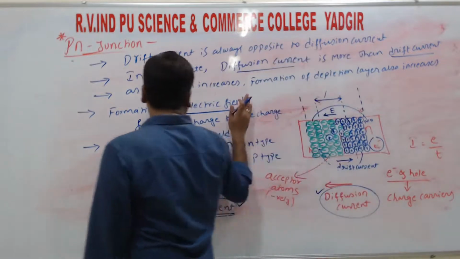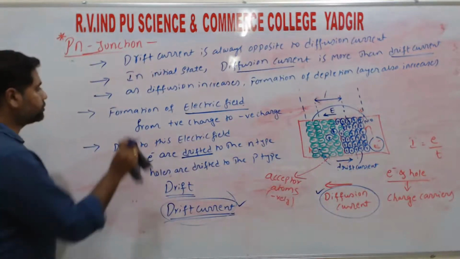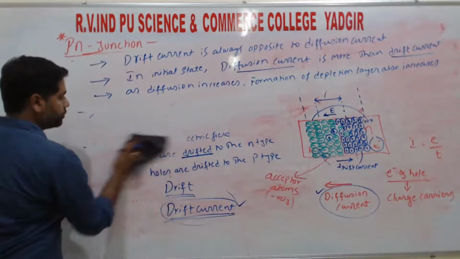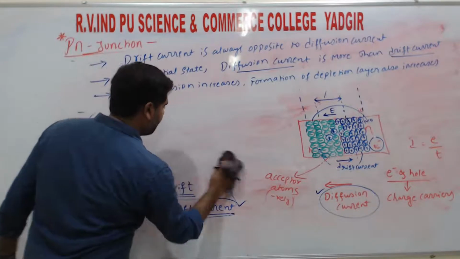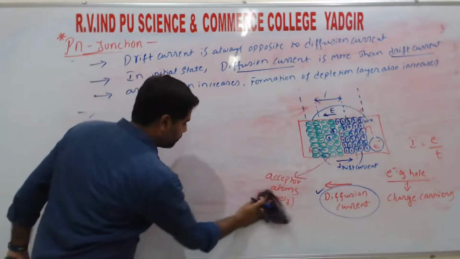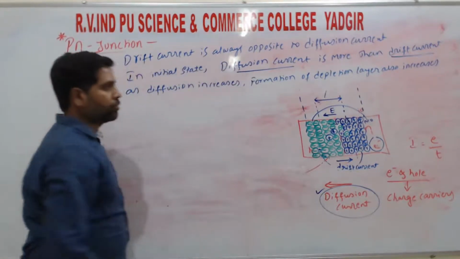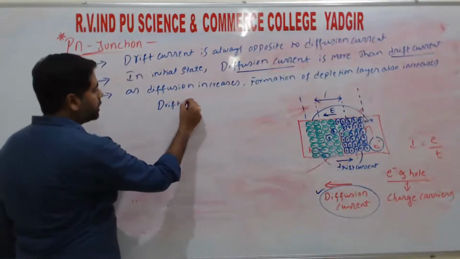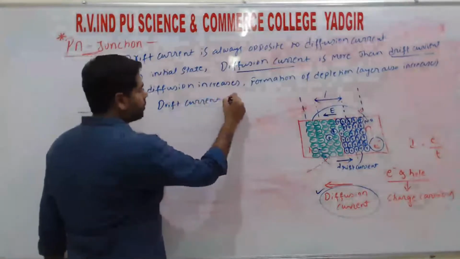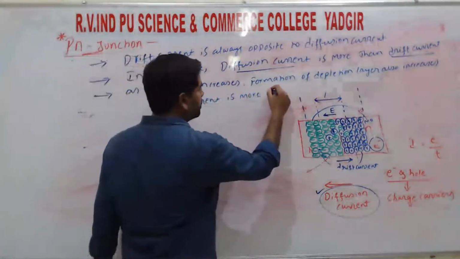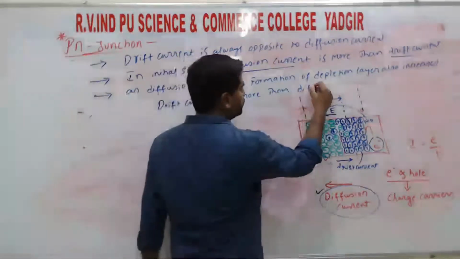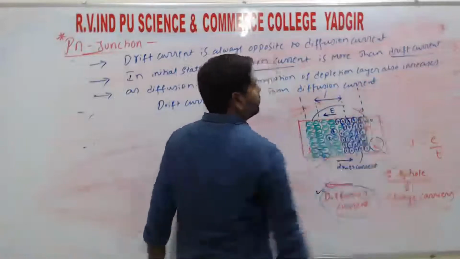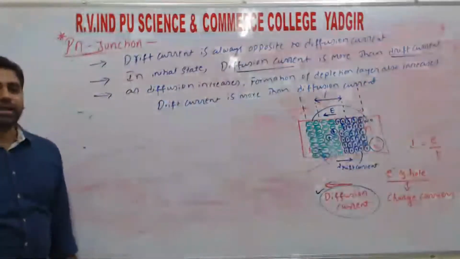So as these two increase, drift current is more than diffusion current, right? So that one is the next point.